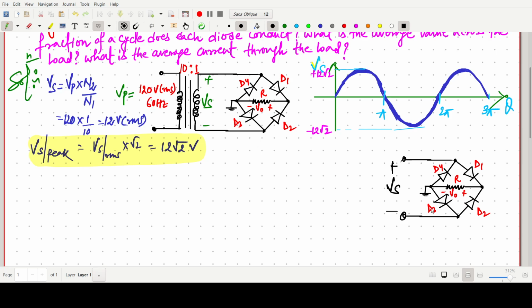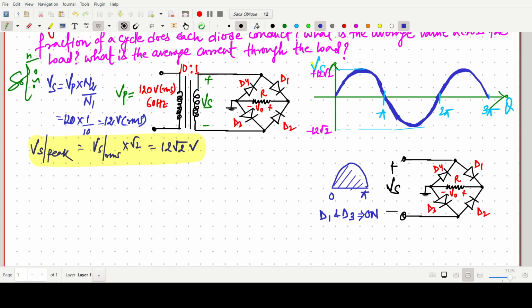The very first step: if we give the positive half cycle, say 0 to pi, in the first half cycle, 0 to pi, of Vs, the diodes D1 and D3 will be in the on state, or the forward bias condition.